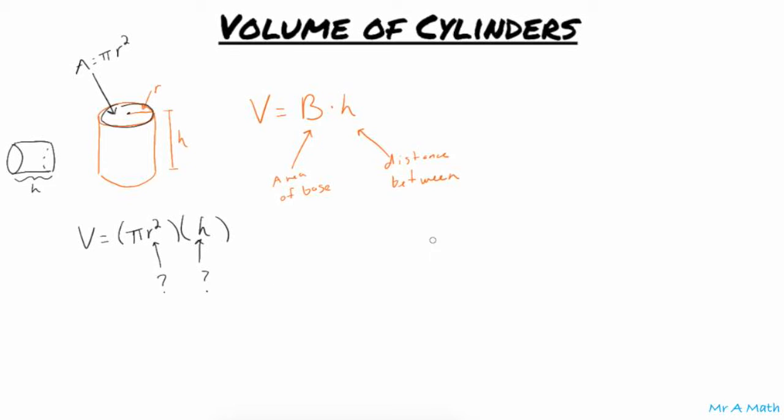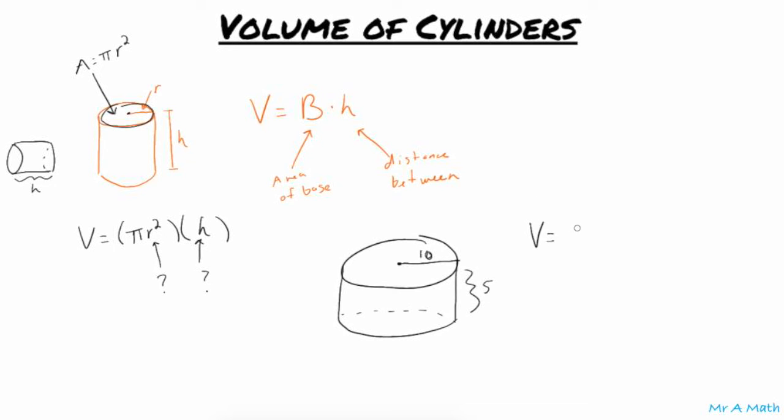So let's look at an example real quick. I'm going to take my volume formula: the area of the base times the height. The area of my base is pi times radius squared, and then times the height. So I can just plug in what I know.